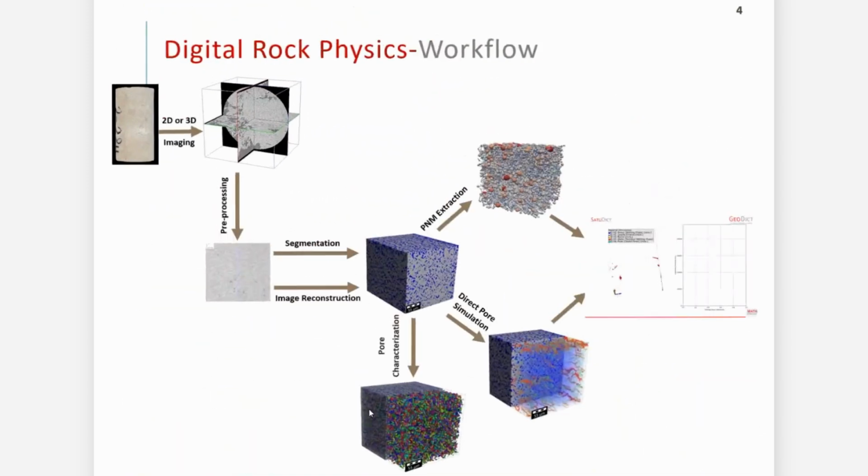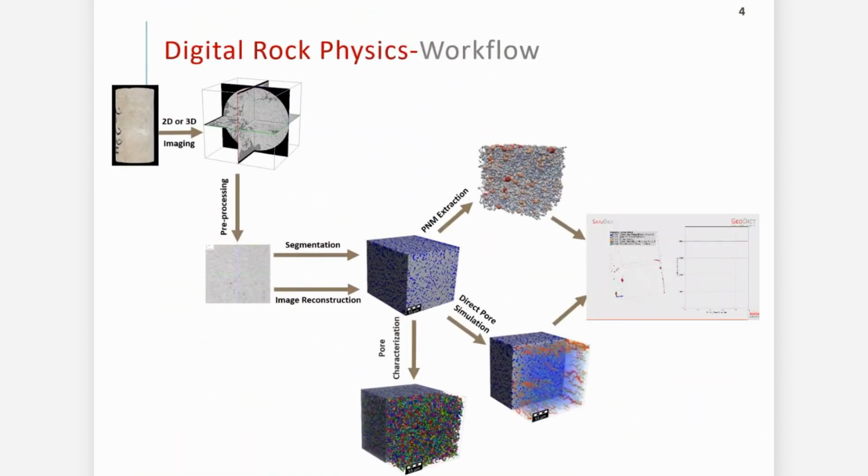Let's take a look at the digital rock physics workflow. It starts with sample preparation at the left side, and then continues with 2D or 3D imaging, and then some pre-processing steps. It can be filtration or finding the region of interest.